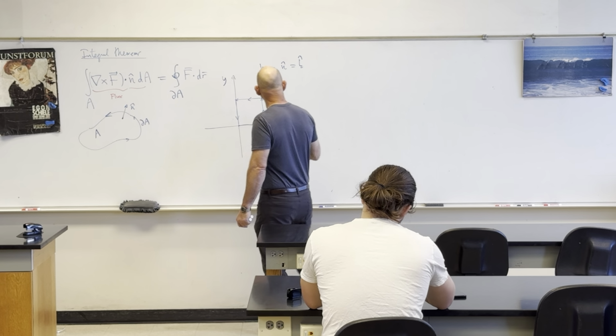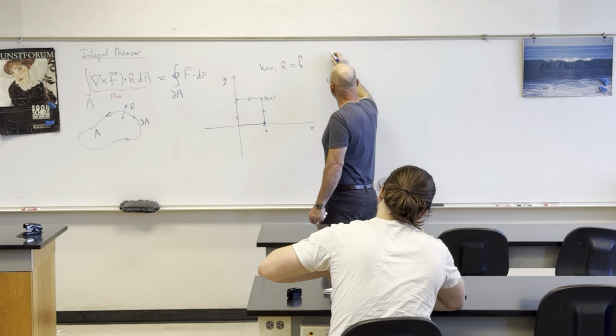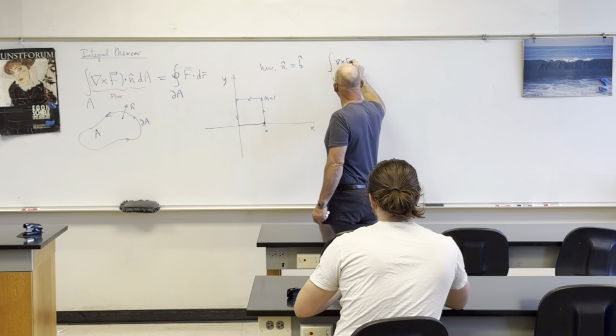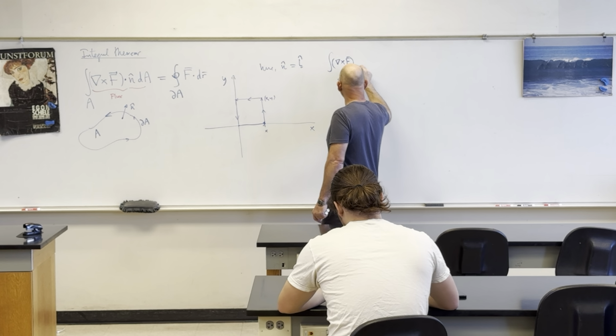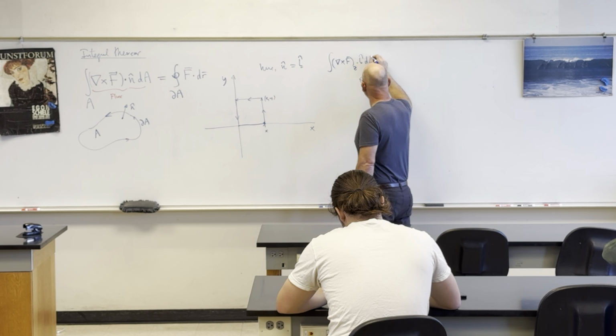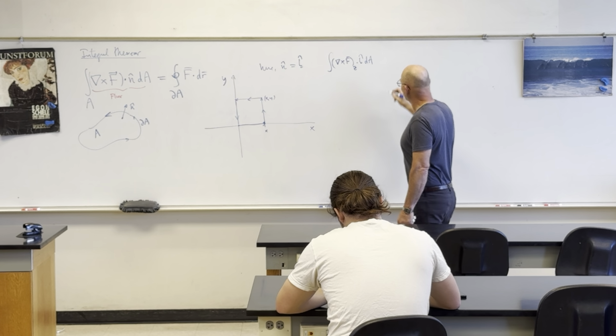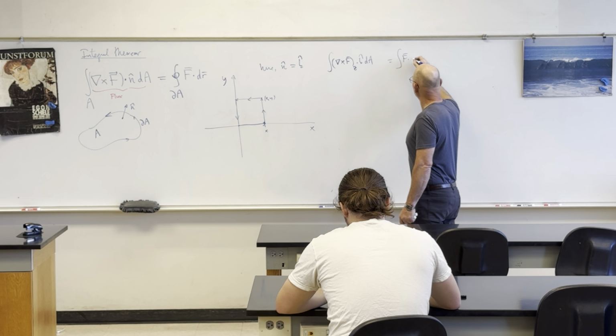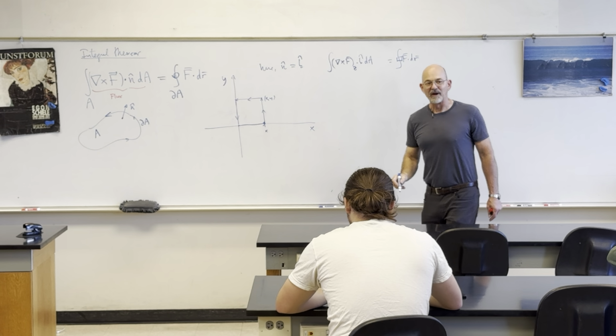So we're going to have the integral of the curl of f, z component, dot k hat dA, which is going to be the integral of f dot dr around that square.